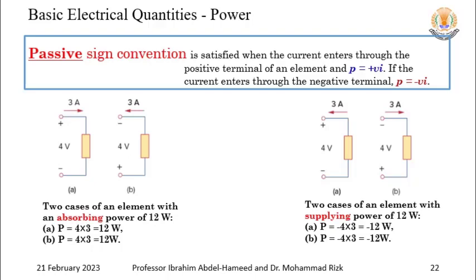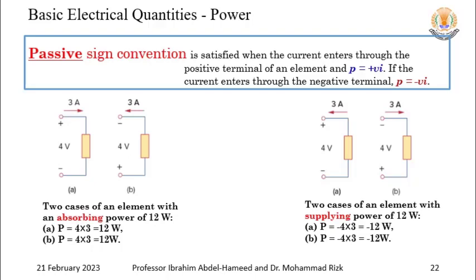Example. Let's calculate power. Here, the current 3 amps enters the positive terminal, so this power is absorbed, positive power. It will be 4 times 3, so 12 watts. In the right-hand side figure, we reversed the current direction and we reversed the polarity of the voltage.